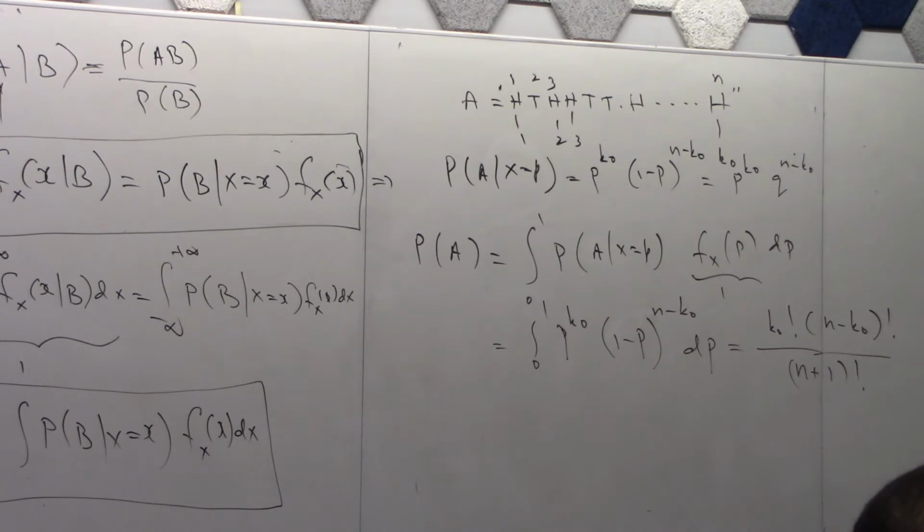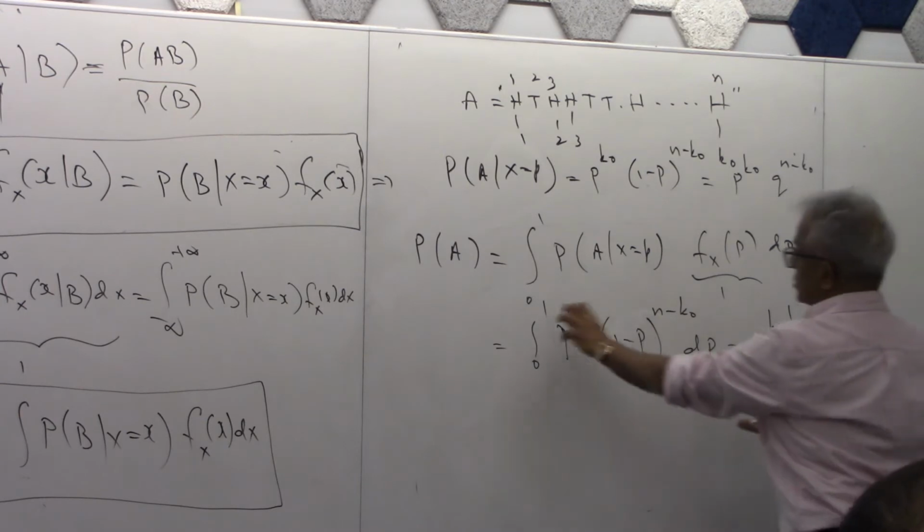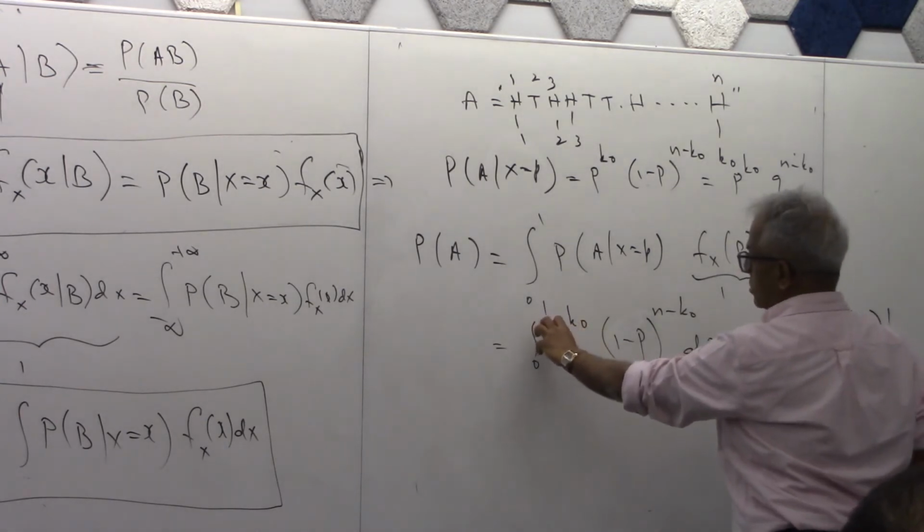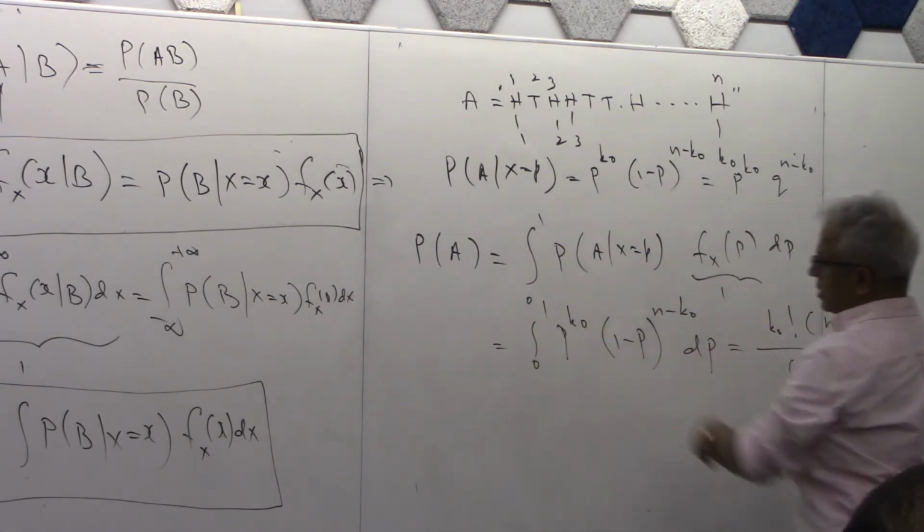Let me just check. I think that's what it is. Beta distribution is this: n plus 1 factorial divided by that.